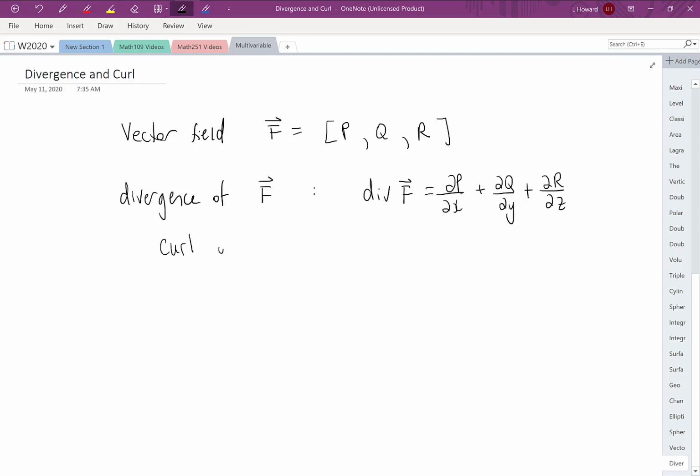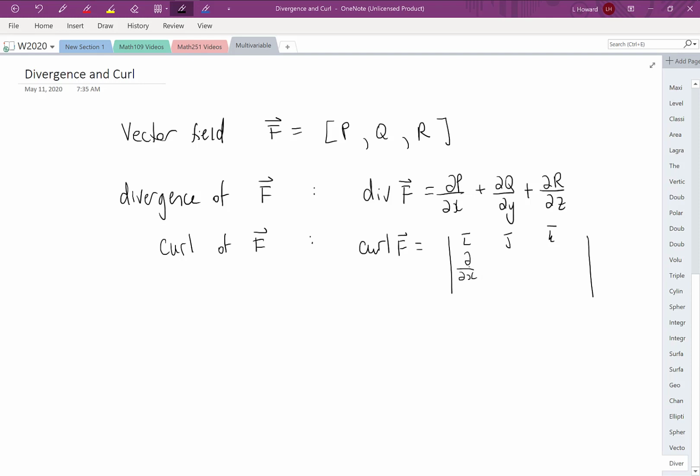So curl of a vector field F. In symbols, we'll just write curl F like that. To calculate the curl F, we think of this as a 3x3 determinant. We're going to put our unit vectors i, j, k in the top row. In the middle row, we're going to put these partial derivative operators.